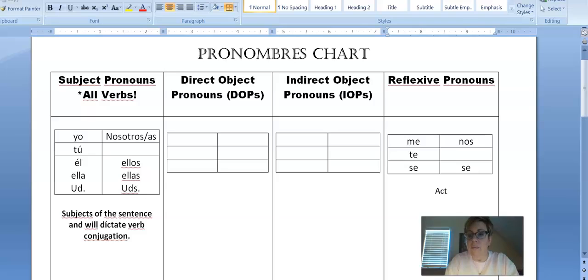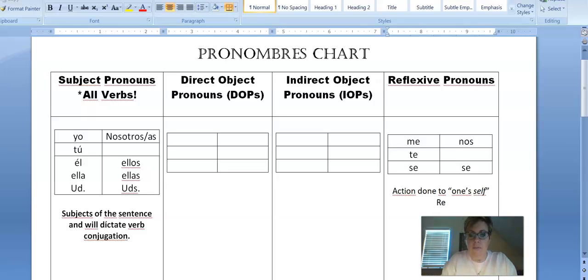We use these, reflexives show action done to one's self, right? So it's pretty much if you can use the word self, right? If you did it to yourself, or he did it to himself, or she did it to herself, we are going to use one of the reflexive pronouns because it's reflecting the action back onto the subject, okay?